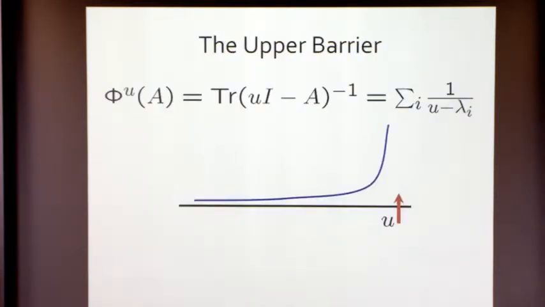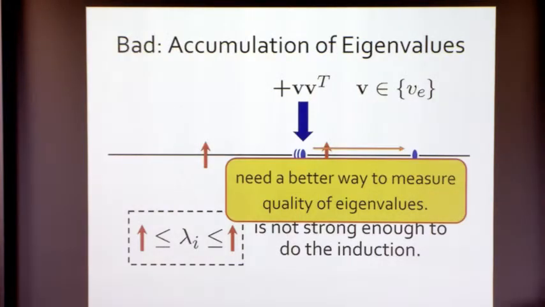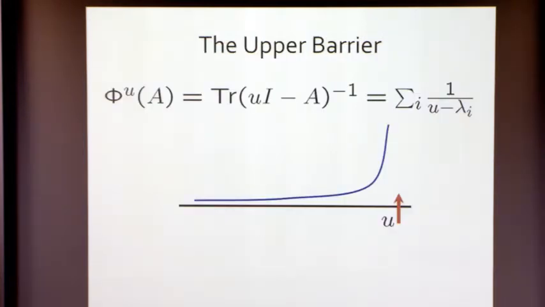Okay, so here's the right thing to do: use this potential function. Let's say I'm interested in the upper barrier for now. I'm interested in having my eigenvalues be less than u, which I'm going to call my upper barrier, and also not clustered near u. That was the bad situation I wanted to avoid.